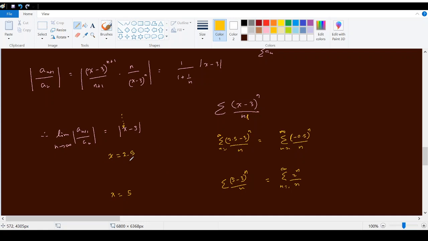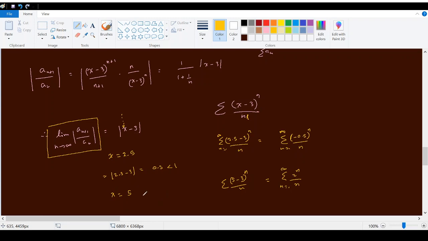Now if x is equal to 2.5, then from this generalized result, we can say that the limit for the ratio test will be equal to modulus of 2.5 minus 3, and that is equal to 0.5, which is less than 1.